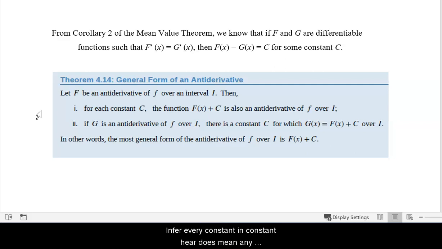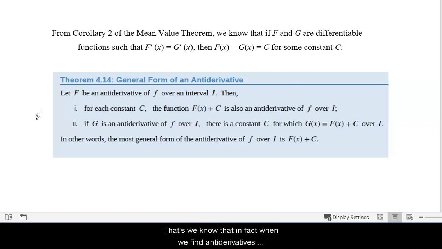Then for every constant, and constant here does mean any real number, for each constant c, the function given by capital F plus c is also an antiderivative of lowercase f over the same interval I. The reason is if you take the derivative of F of x plus c, the derivative of the c will go to 0, and the derivative of capital F will give you lowercase f.